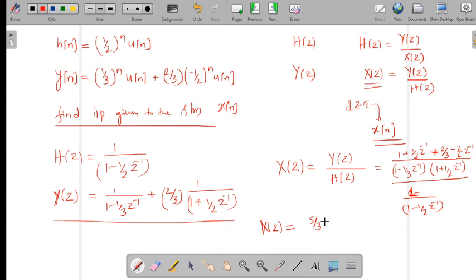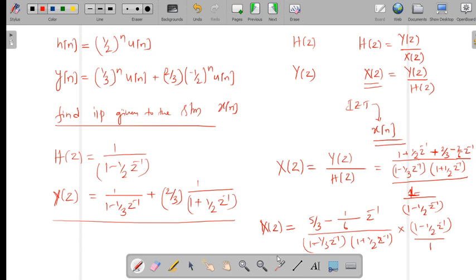If you take 6 as a common factor, you will get 3 minus 2, so this becomes 1 minus 1 by 6 z inverse, divided by 1 minus 1 by 3 z inverse into 1 plus 1 by 2 z inverse, multiplied by 1 minus half z inverse divided by 1.